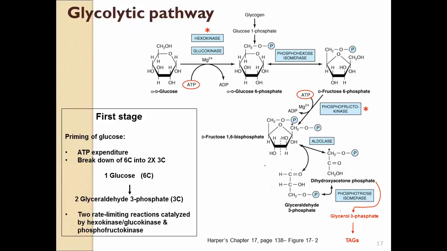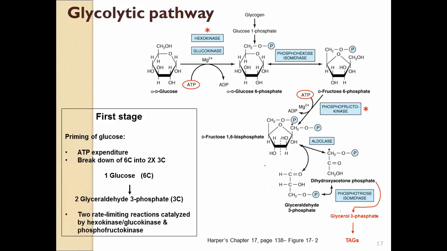The second key reaction is catalyzed by the key enzyme phosphofructokinase 1, which converts fructose 6 phosphate to fructose 1,6 bisphosphate. The first stage utilizes 2 ATPs and generates 3-carbon molecules, right? So the 6-carbon glucose molecule breaks down to two 3-carbon molecules.